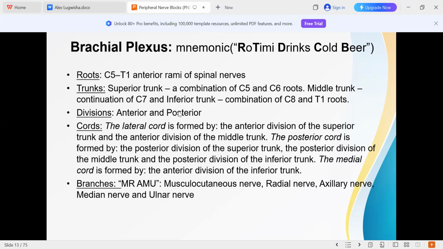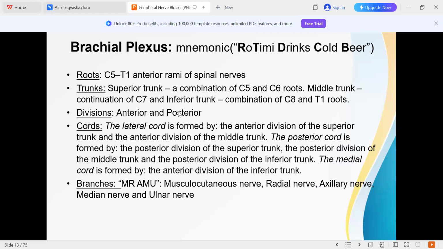Don't forget that we can have the prefixed and the postfixed plexus, with contribution from C4 and T2 respectively. The trunks are divided into the superior, middle, and inferior trunk.